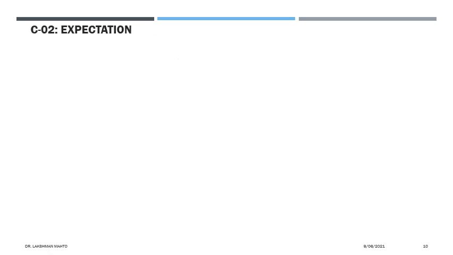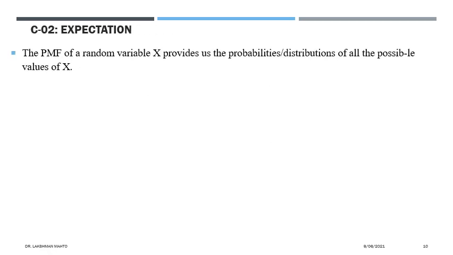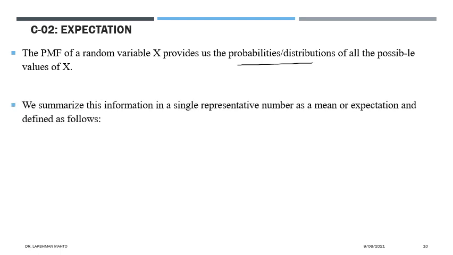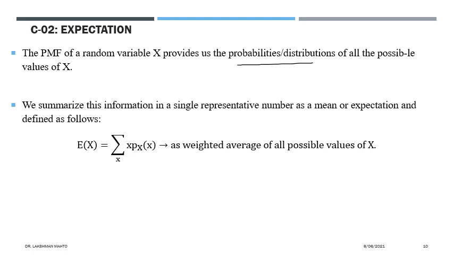So here going further, to define expectation. The probability mass function of a random variable provides the distribution or probability of all the possible values of a random variable. So it is not a single-out definition, probability mass function. We need to go for a unified definition, a single representative definition. So we summarize this information in a single representative number, such as we call it mean or expectation, and we define the mean or expectation of a random variable.